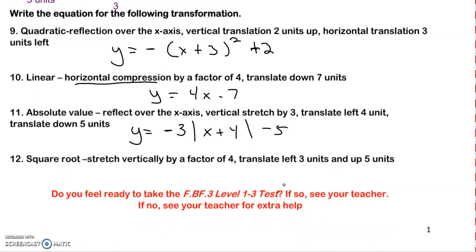So a square root: y equals stretches vertically, so that means it's going to be a whole number again. We just talked about that on the last one, 4. Then translated left 3 units and up 5 units. So if I say left, I know it's going to be an x plus 3, plus 5.